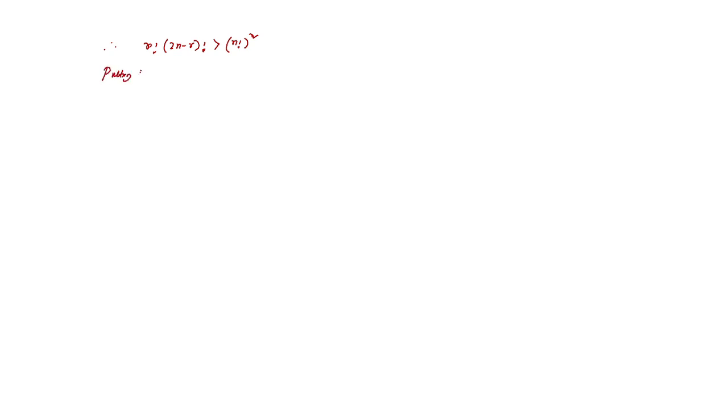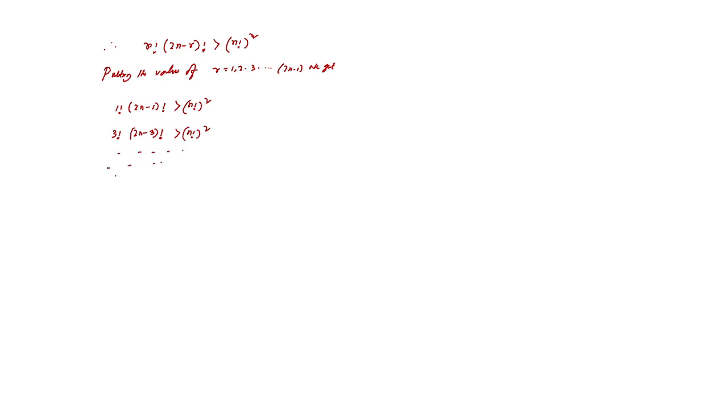So now putting the value of r equals 1, 2, 3 up to 2n minus 1, what we get? We get 1 factorial multiplied by (2n minus 1) factorial greater than (n factorial) square. 3 factorial into (2n minus 3) factorial is also greater than (n factorial) square.